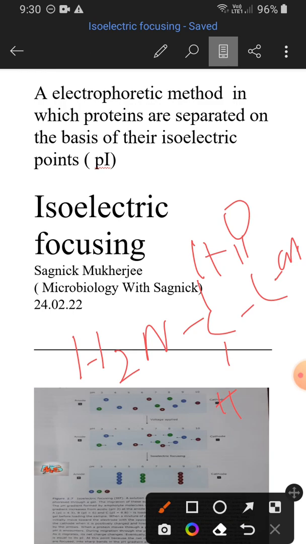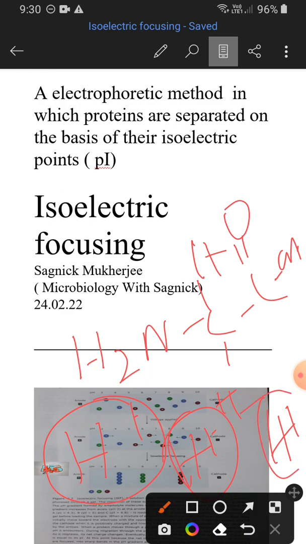Remember, when the local environment is acidic, that simply means there are too many H+ ions present in the local environment. Whenever there are too many H+ ions, the H+ simply reacts with NH2 and makes it protonated, that is NH3+.